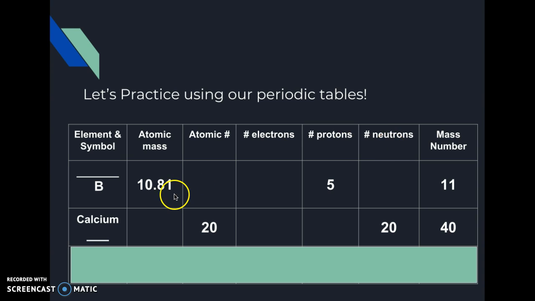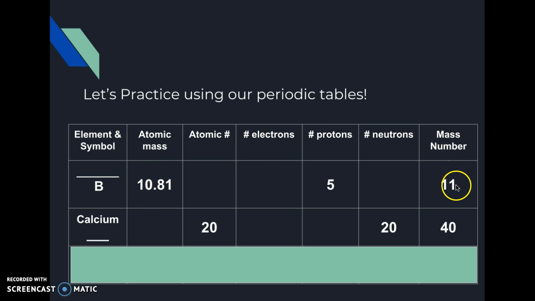And now finally, if I take my atomic mass, which is 10.81, and I round it to the nearest whole number, it will round up to the number 11. Look over on the far right side of that table. You'll see it says mass number, and it'll have the number 11 written in there. That's because the mass number is the atomic mass just rounded to the nearest whole number.